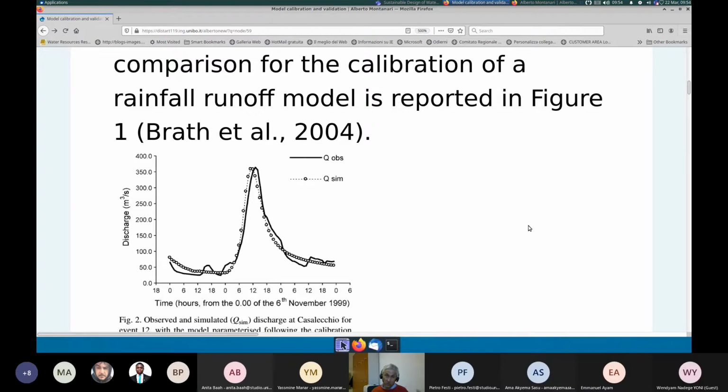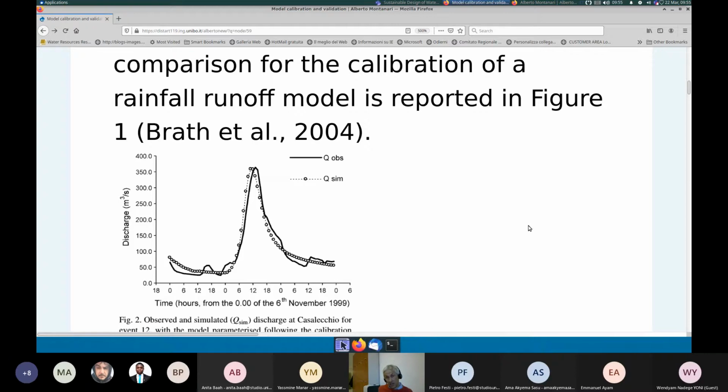You may remember that the observed one was around 200, while in the first trials we got a simulated one with a max of 1000. So I said, too high flows. I have to reduce the high flows. And I know that in order to reduce the high flow, I have to increase K, which is intuitive if you think about how the model is built.